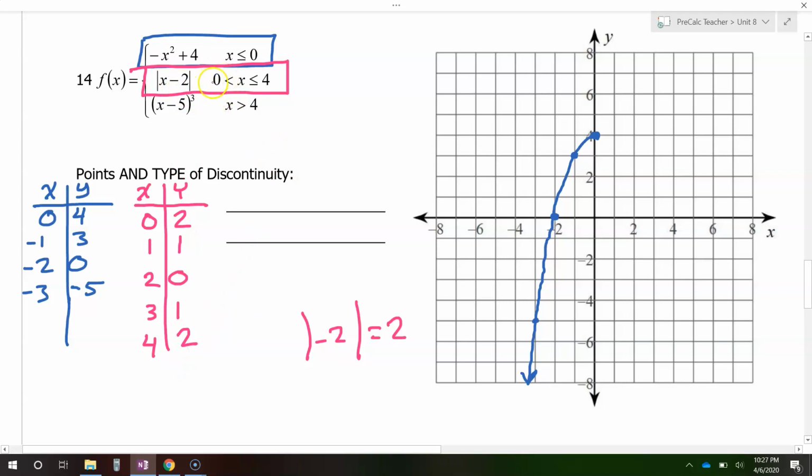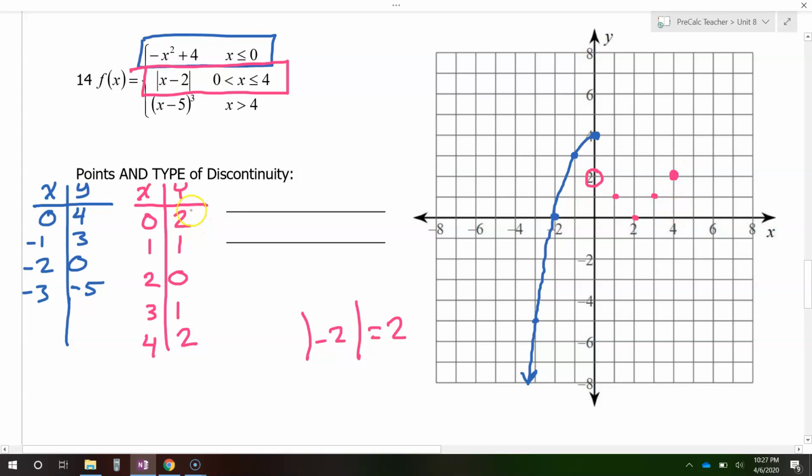Okay, notice that at 0, it says 0 is less than x. It doesn't say less than or equal to. So that tells me that 0 is going to be an open circle. So 0, 2 is an open circle, not included in the actual graph. Then I have 1, 1, 2, 0, 3, 1, and 4, 2.